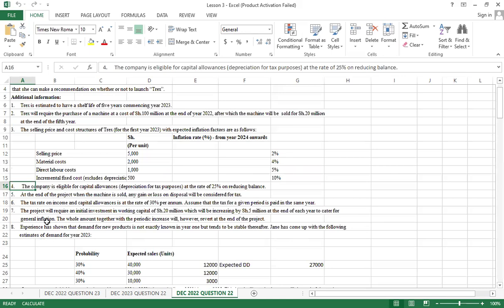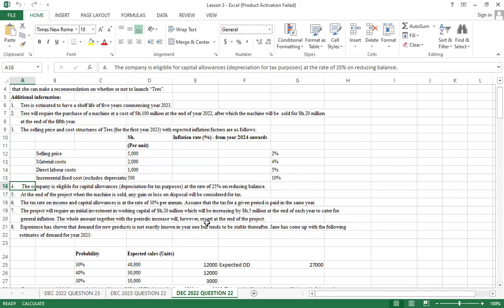The question says that the company is eligible for capital allowances. This is what, in simple terms, you can call depreciation for taxation purposes, at the rate of 25% on reducing balance.